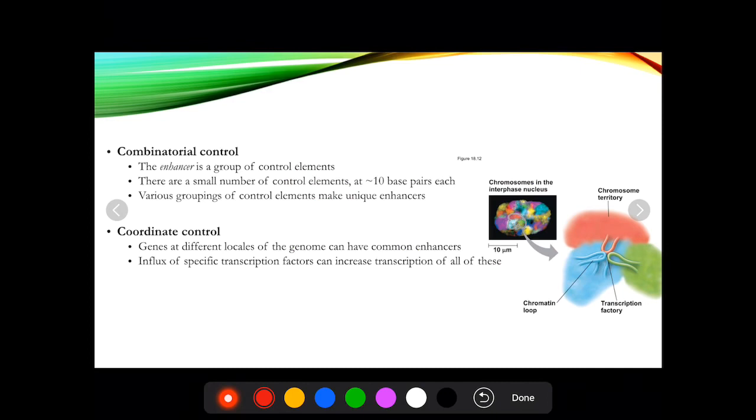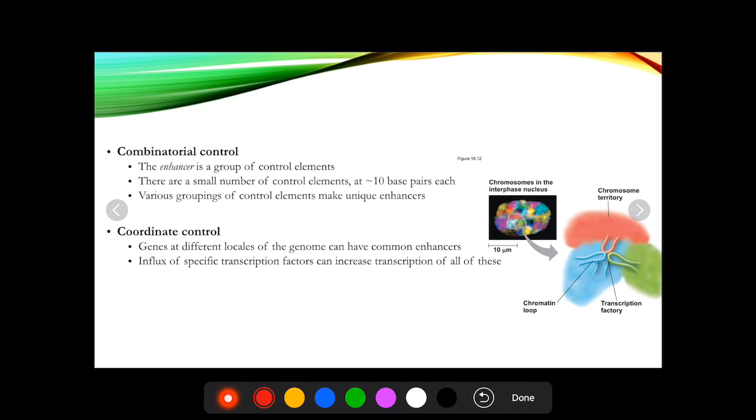And if that combination changes, then it's going to attract different specific transcription factors, which is going to change which genes are activated. And there's actually a pretty limited number of control elements, so it's all about which combination are present to be able to activate the gene.